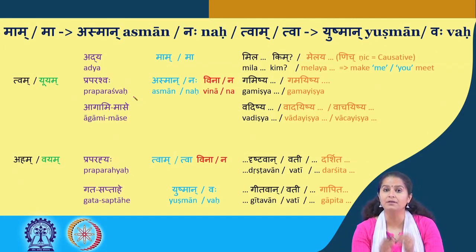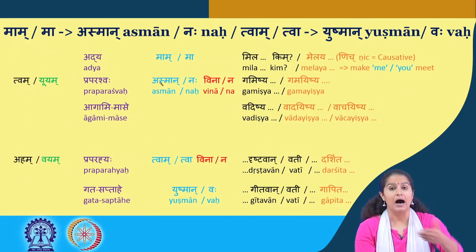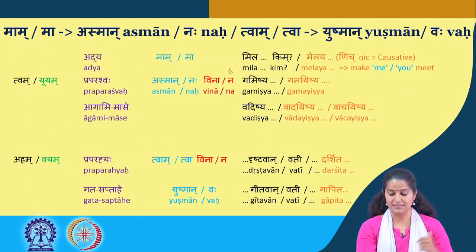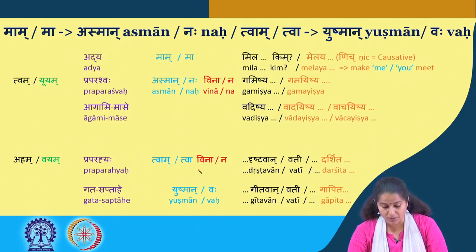Now let's play with the objects, or the accusative form of the first person and the second person. So let's do it like this. Tvam adya mam milasi kim. Plural. Tvam adya asman milasi kim. Will you meet us?